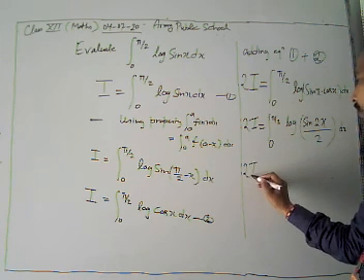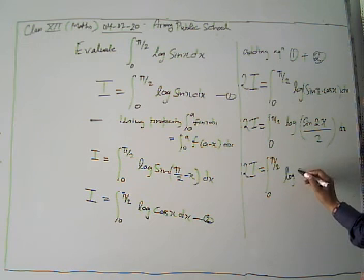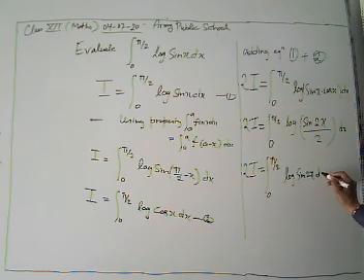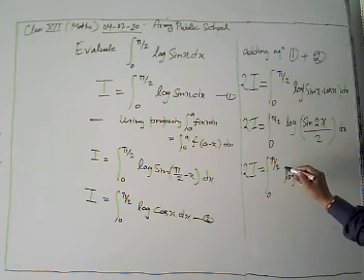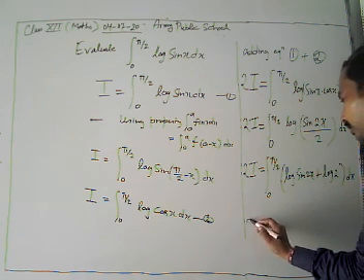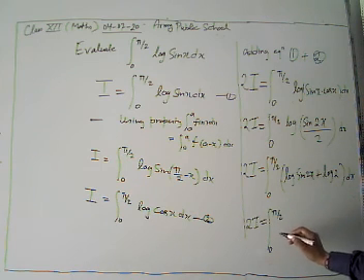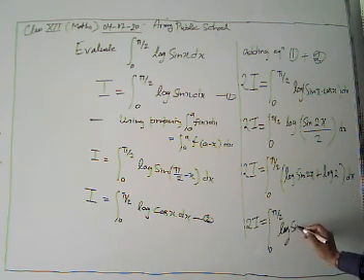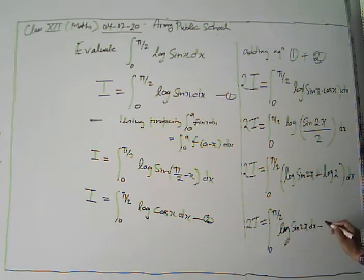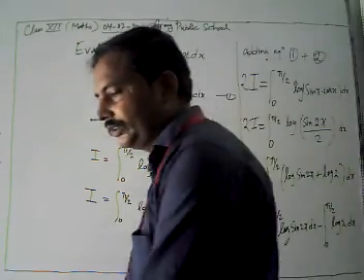Then our 2I is the integral from 0 to pi by 2 of log sin 2x minus log 2, in brackets, dx. Then 2I is equal to the integral from 0 to pi by 2 of log sin 2x dx minus the integral from 0 to pi by 2 of log 2 dx.